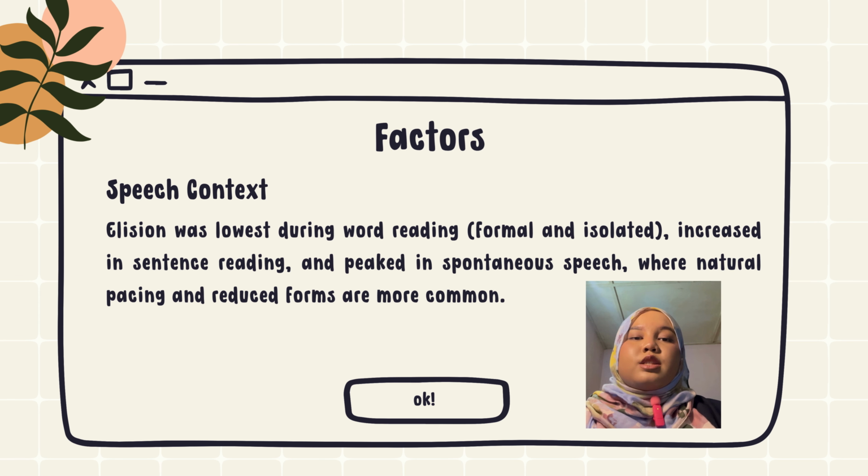Last but not least, speech context. Elision was lowest during word reading, which was formal and isolated. However, it increased in sentence reading and peaked in spontaneous speech, where natural pacing and reduced forms are more common.